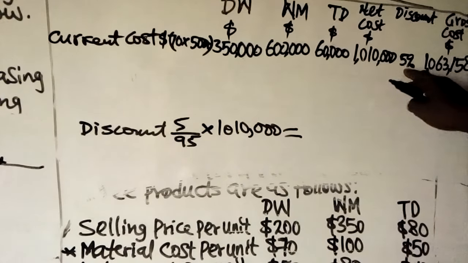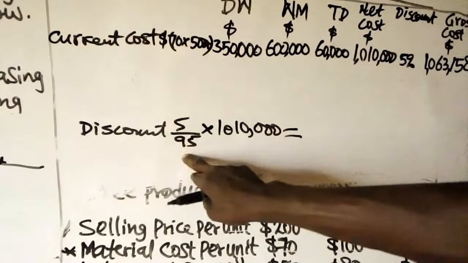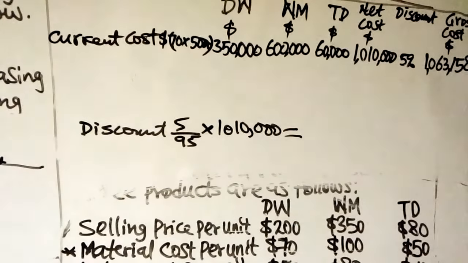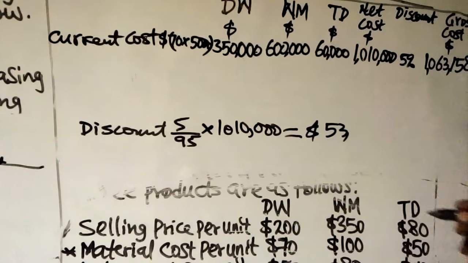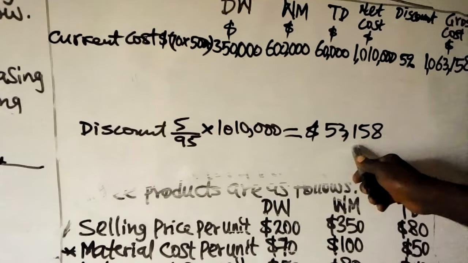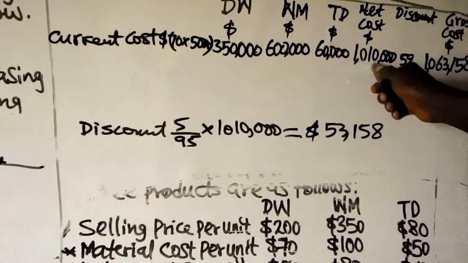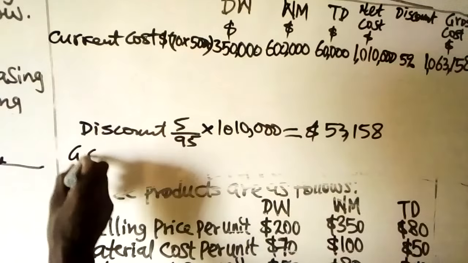Discount of 5% has been deducted. This will now be equivalent to 95%. So that is why I use over 95. So the discount gives me 53,158. You now add 53,158 to 1,010,000. Then you now have 1,063,158.